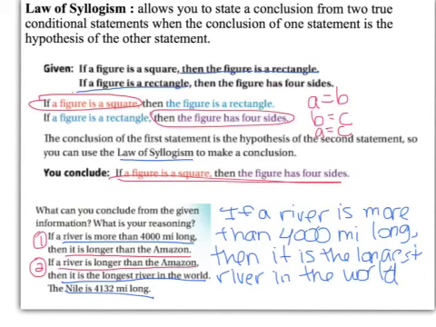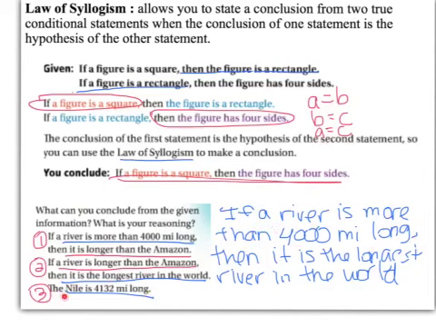Now the last and final statement says the Nile is 4,132 miles long. Well, we see that if it's more than 4,000 miles long, then it's the longest river in the world. So this is a true conditional. The hypothesis is true.